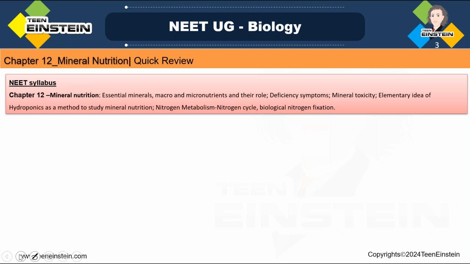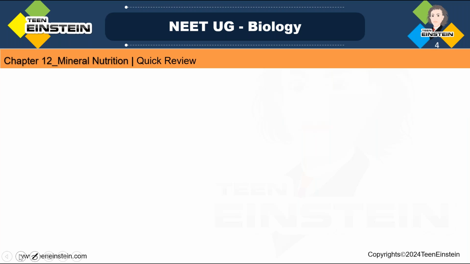Okay, so now we are moving to the main part. First, before that, the mobility of elements. We have covered almost all the mineral nutrients, their functions and their deficiency symptoms already. So next we are moving to mobility of elements.